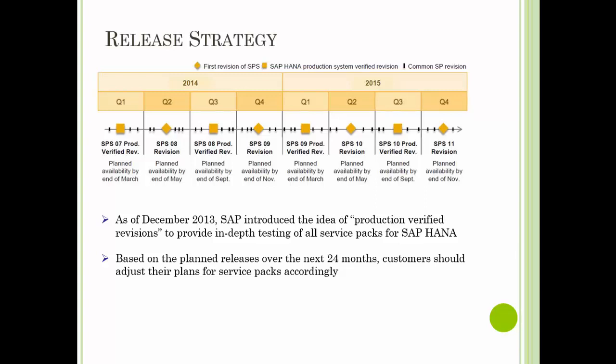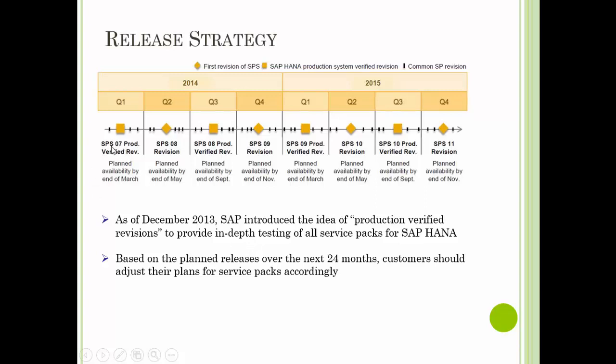Here we see a long list of releases like SPS 7, 8, 9, and upcoming 10 and 11. As of December 2013, SAP introduced the idea of production verified revisions, to provide in-depth testing of all service packs for SAP HANA.